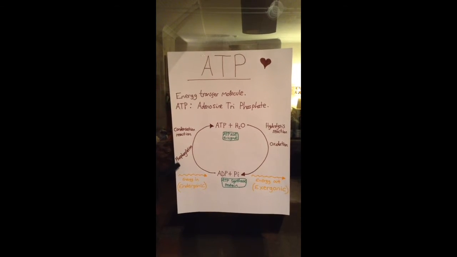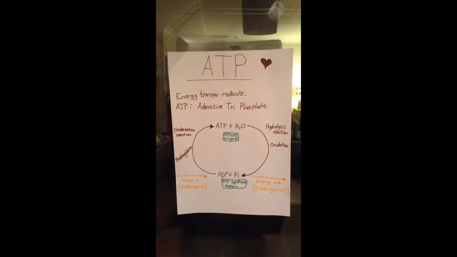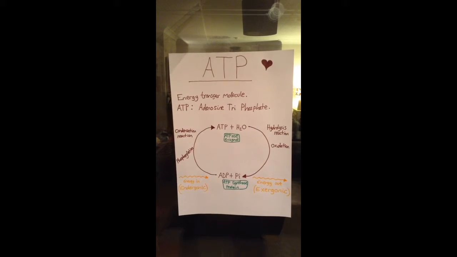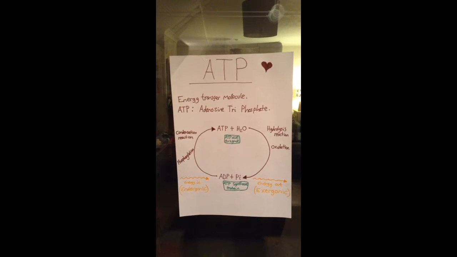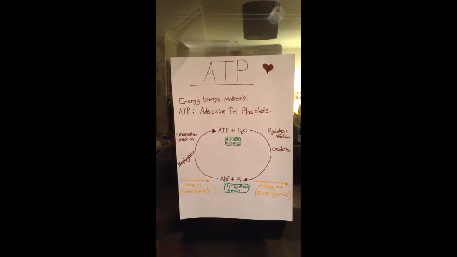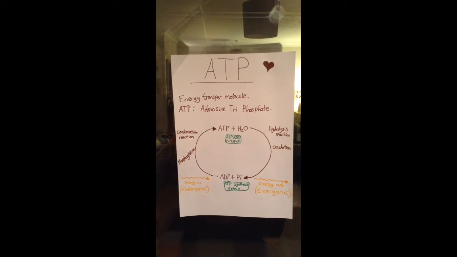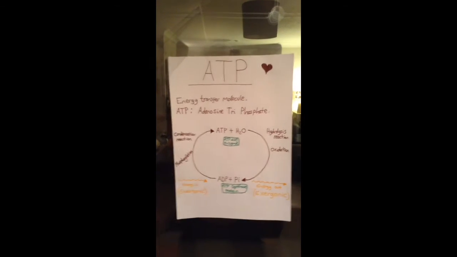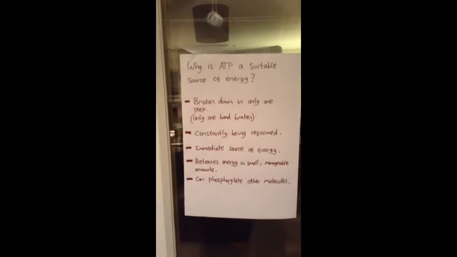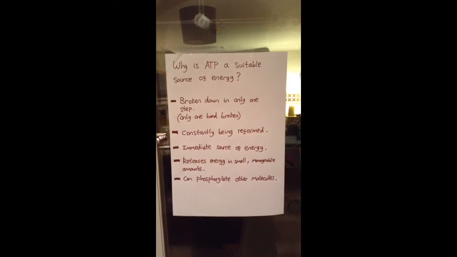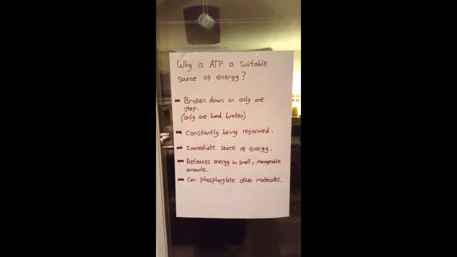It's also called phosphorylation, so the adding of a phosphate to ADP is phosphorylation. And it's also a condensation reaction because obviously water is released. So just move over here. So that was the whole cycle of ATP.